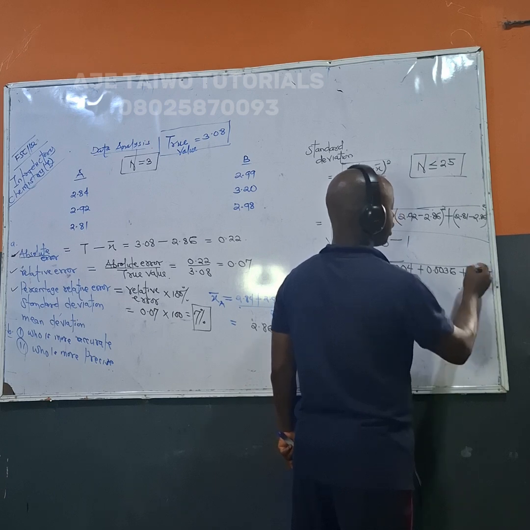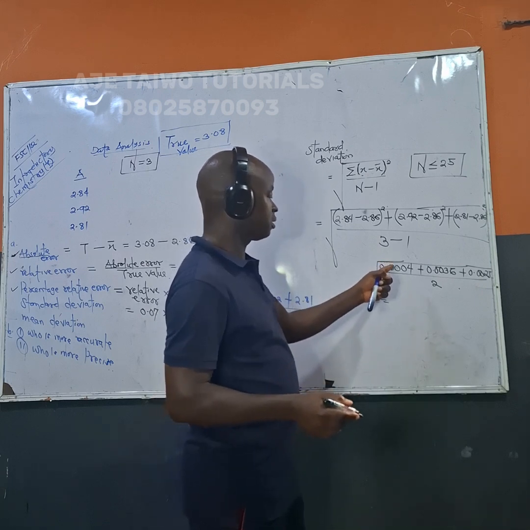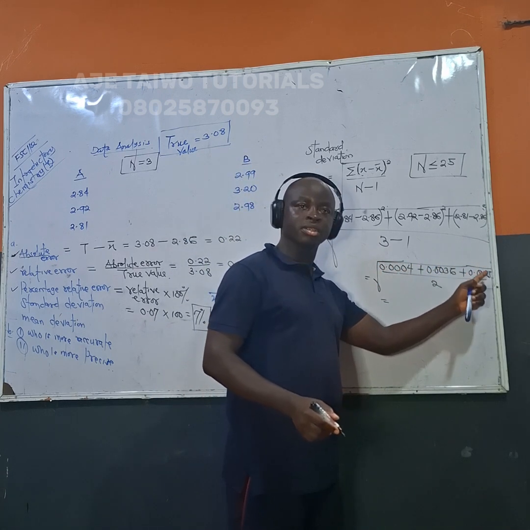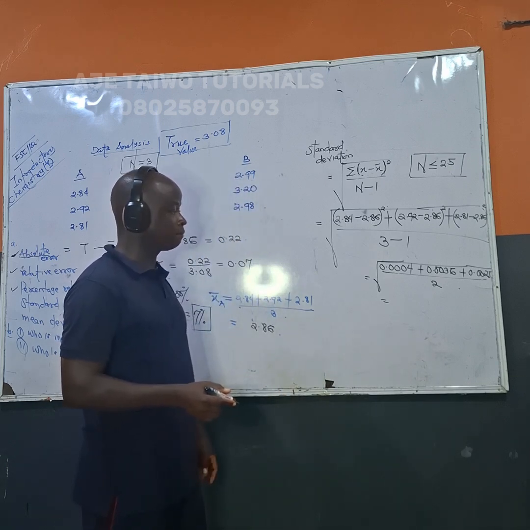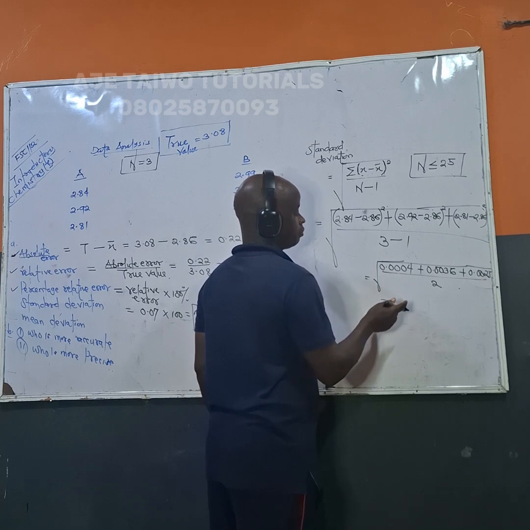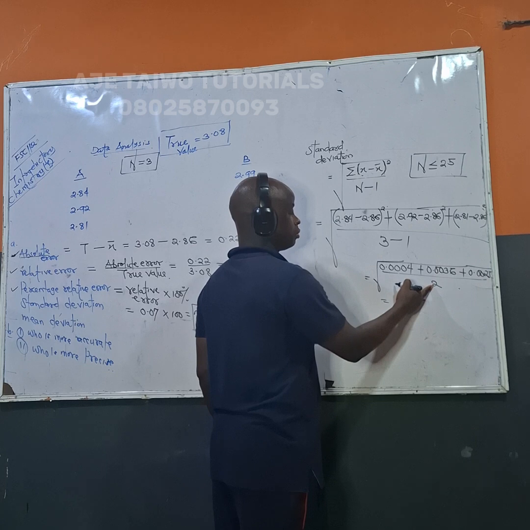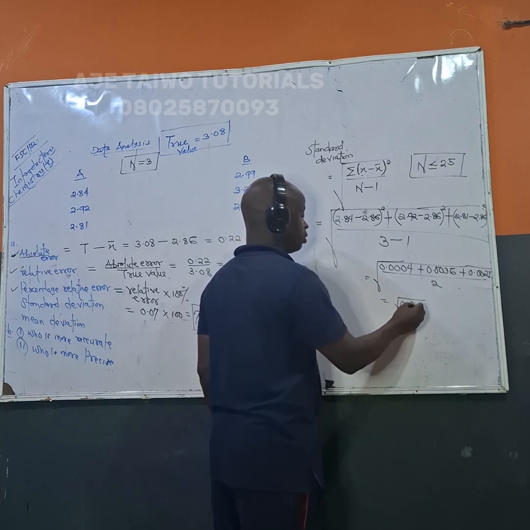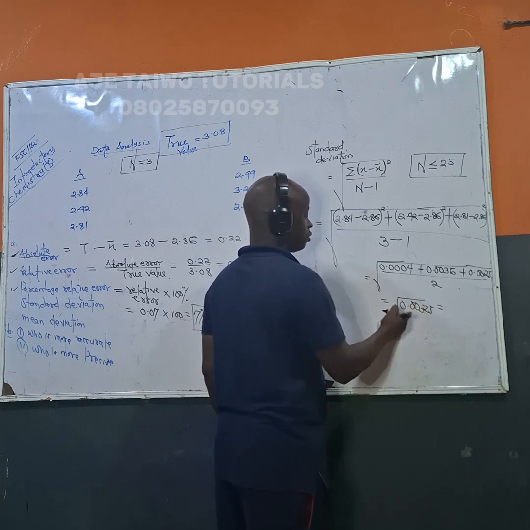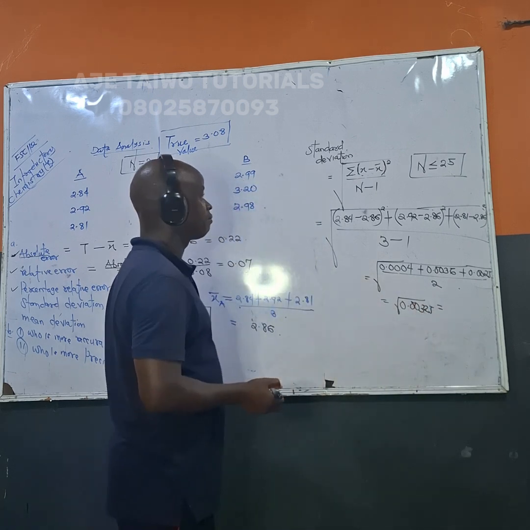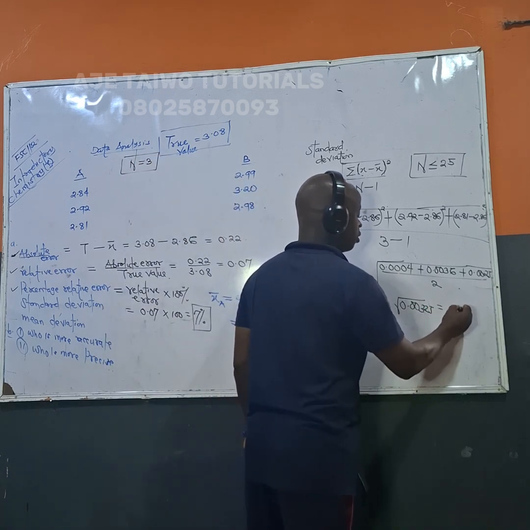Add this plus this all over 2. What's the answer? Have you divided by 2? 0.00325. Now find the square root of this. 0.057.